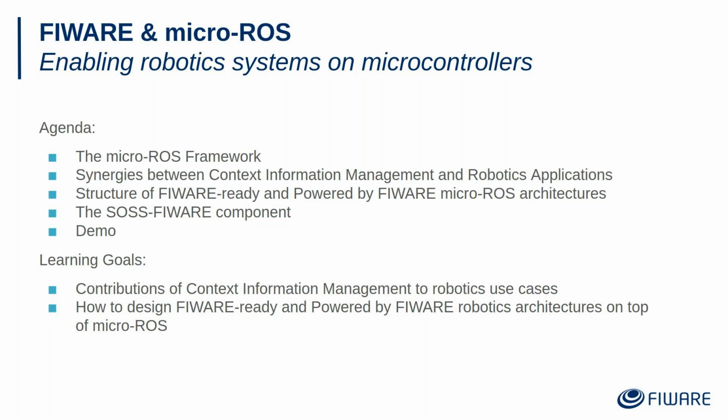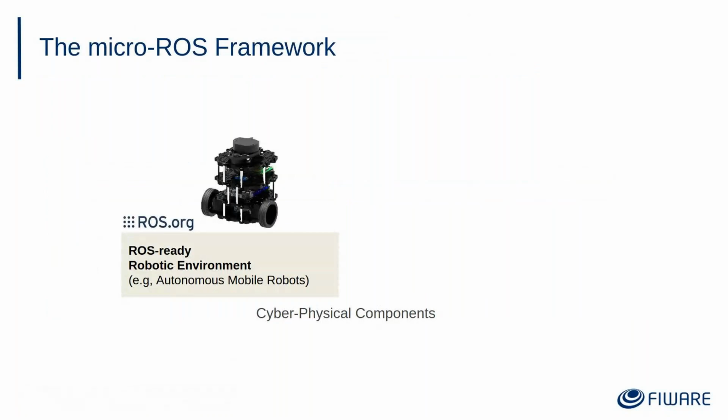Well, let's talk a bit about the micro-ROS framework. For those that are not familiar with the ROS ecosystem, ROS is the de facto standard open framework for robotics development. At first, the initial version of ROS was limited, let's say, to research and prototype robotics development.